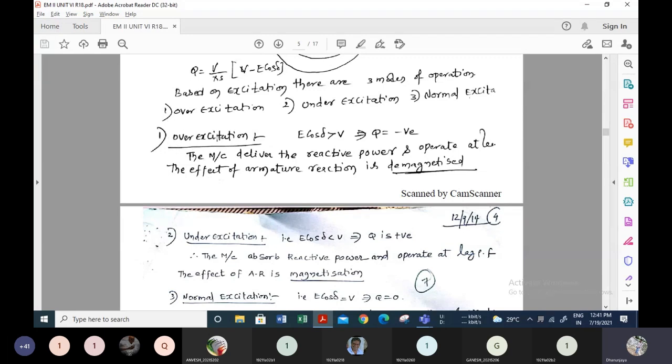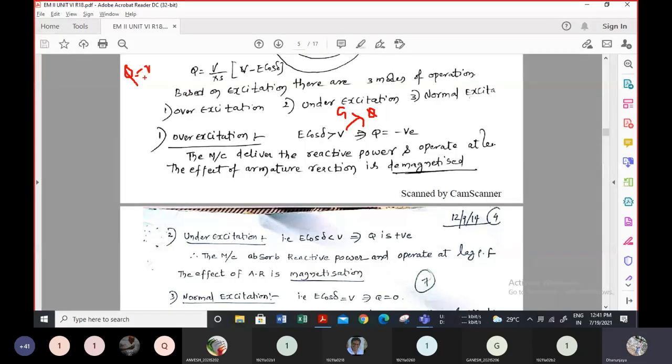Previously we discussed that in the synchronous generator, when it is over excitation, Q is positive. Here the red color which I'm using is for generating. So in over excitation, the formula is the same: for the synchronous generator, Q equals V by Xs into (E cos delta minus V).